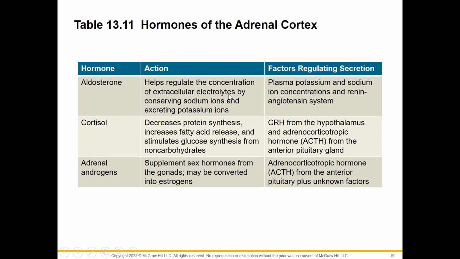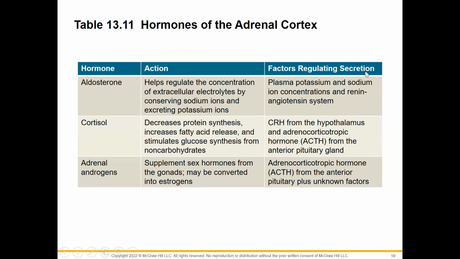So those minerals, those electrolytes, those things that we drink when we are sweating a lot so that we don't get muscle cramps, etc. That is what aldosterone affects. So those are minerals that it affects.